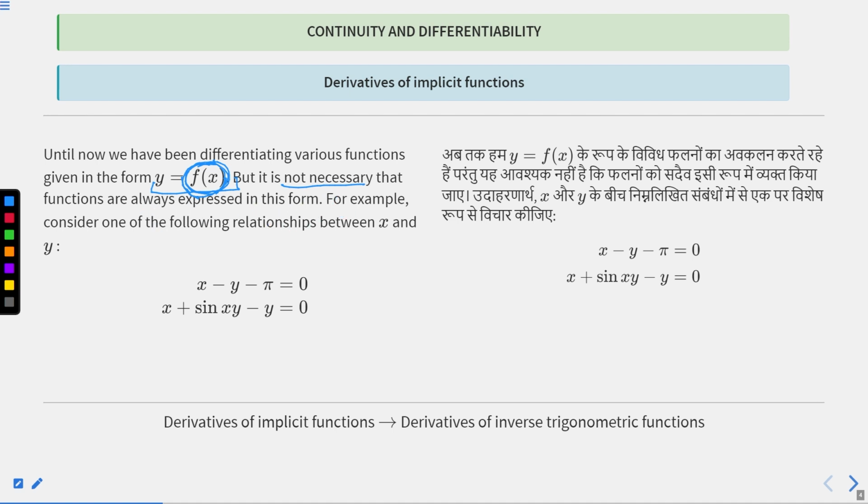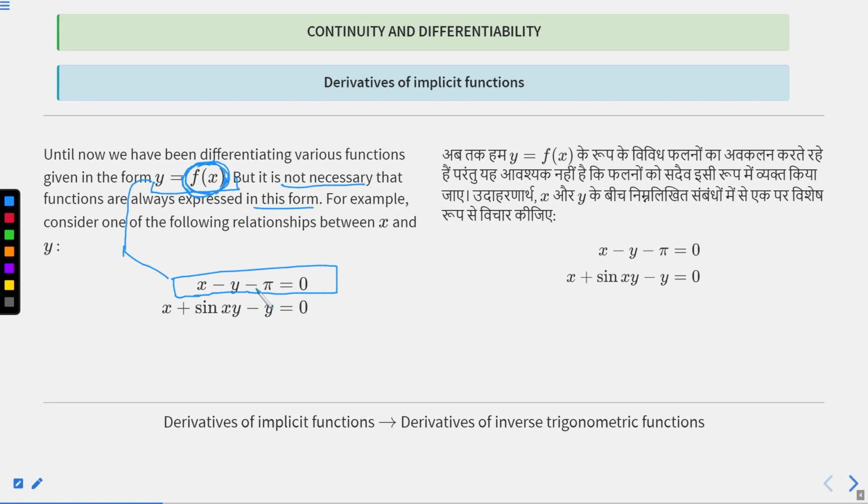For example, if you consider x minus y minus pi is equal to 0, this is also an example, but not in that standard form. But you can change it. Obviously you can write y is equal to pi minus x.